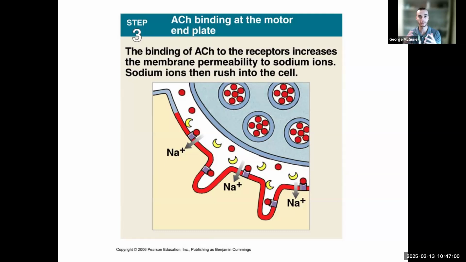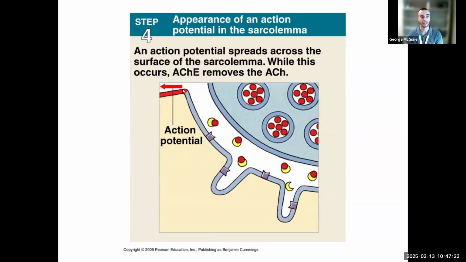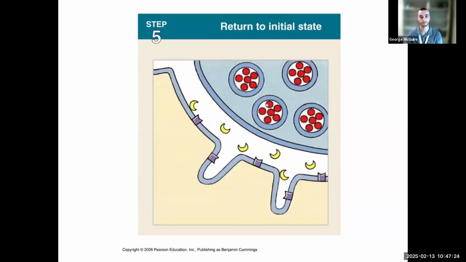And we're going to expand a lot more on that in the next chapter when we get into Unit 3. But for now, recognizing that sodium moves into the cell after acetylcholine binds, and that is what causes an action potential along the sarcolemma. So now that action potential, this electrical signal, is going to travel away from this neuromuscular junction and down to those T tubules.